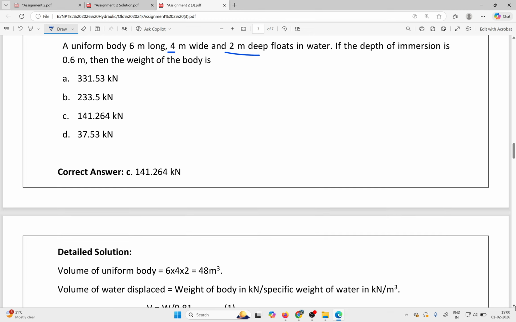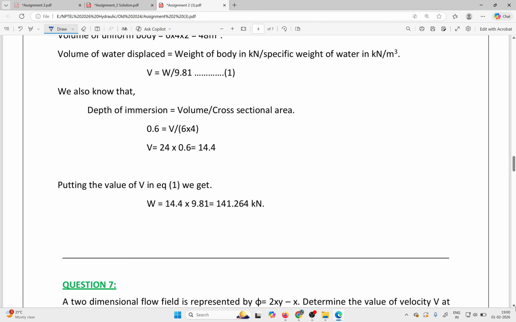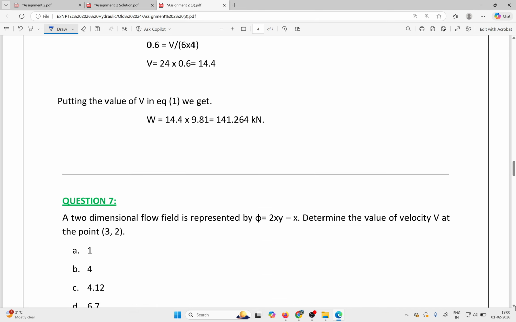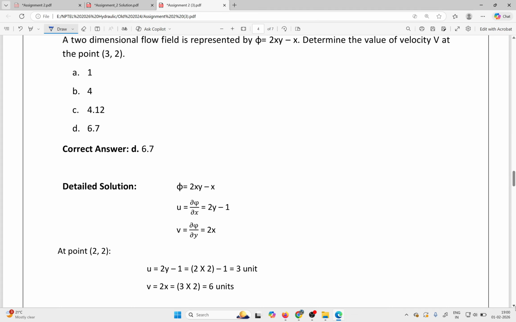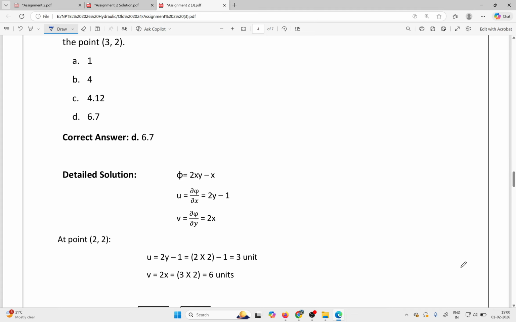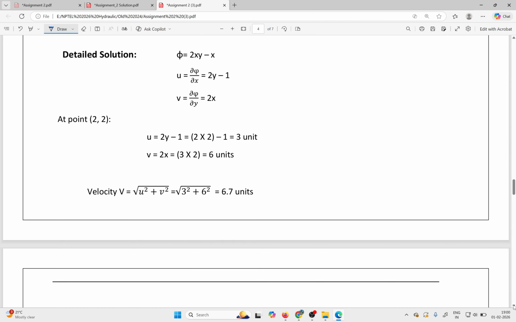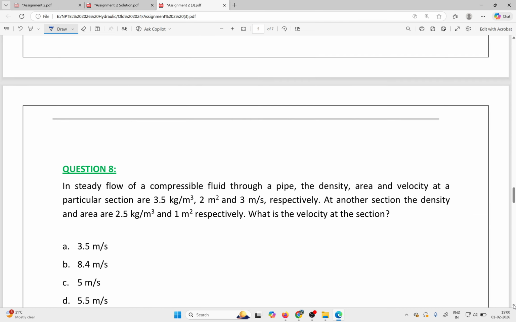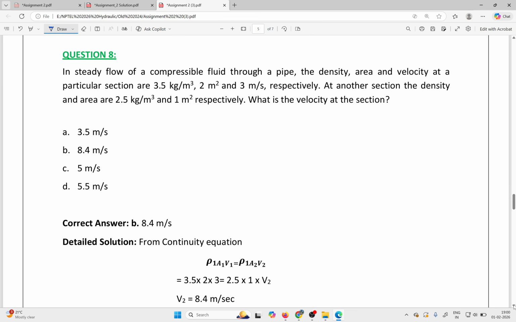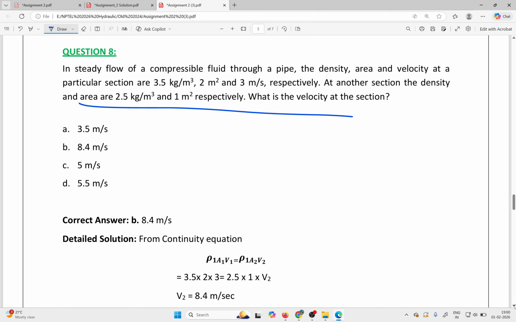You can easily solve it, no issue. Two-dimensional flow, similar question; you can see very clearly the question is repeating. So these are repetitive questions. If you solve all the questions, you can solve all the assignment questions very easily. Similar questions we have already solved in the first set.